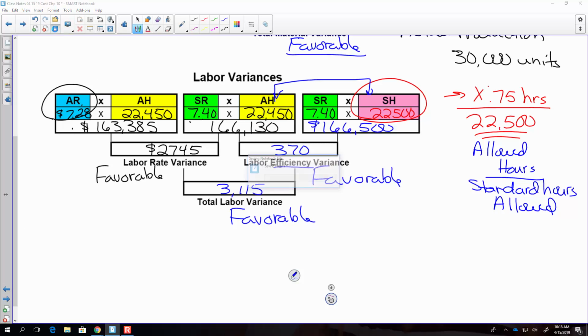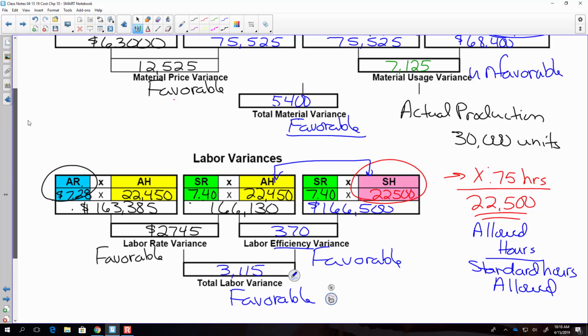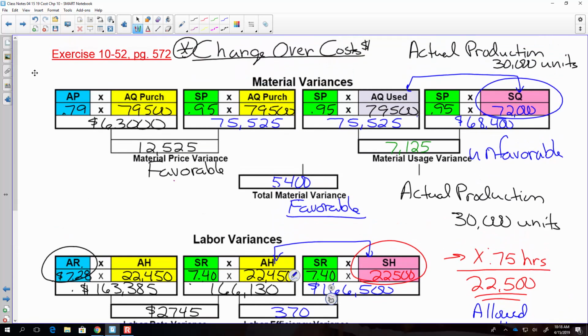I just have a quick question. Oh, good. So let's say we were going a step further and figuring out whether to investigate. Oh, yes. So for the labor, then we would use the 166.5, correct, because that's the standard. And for the top two, it would be the 75,525 and the 68.4.